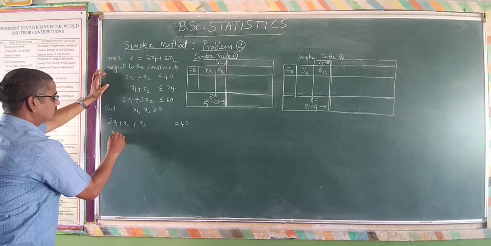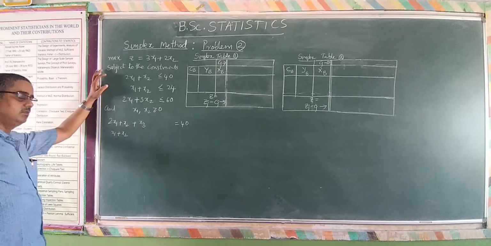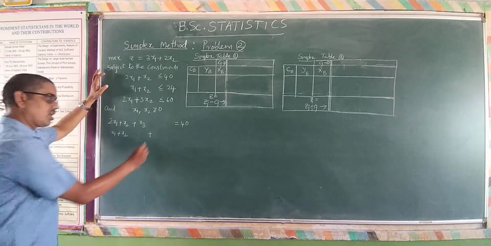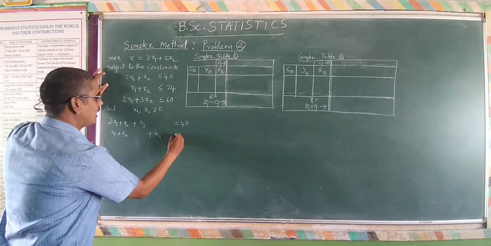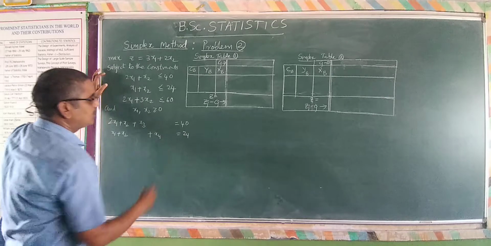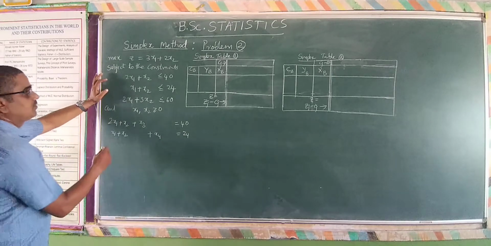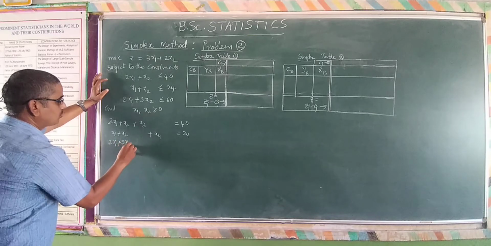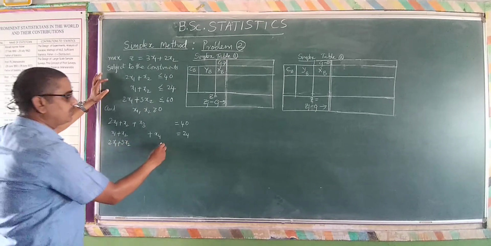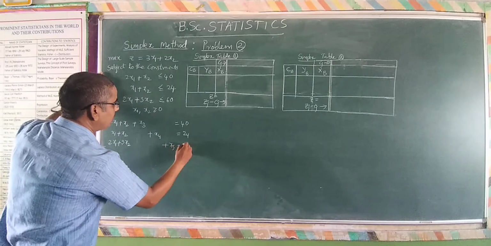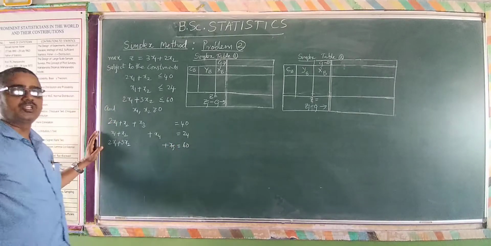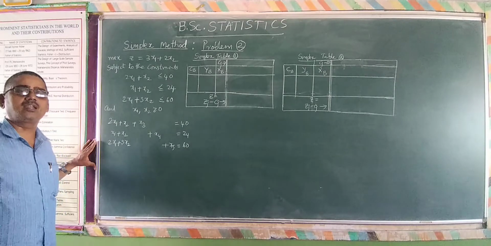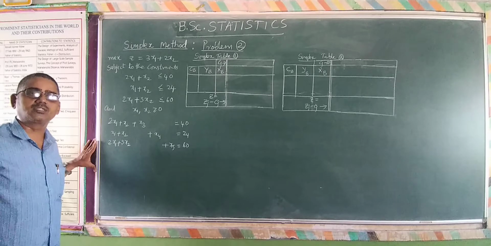Similarly, for the next constraint, x1 plus x2, I introduce x4, the slack variable, and convert it into an equation. For the third constraint, 2x1 plus 3x2 plus x3, x4 we have already introduced, hence I introduce x5, equal to 60. This is the introduction of slack and surplus variables, converting inequations into equations.